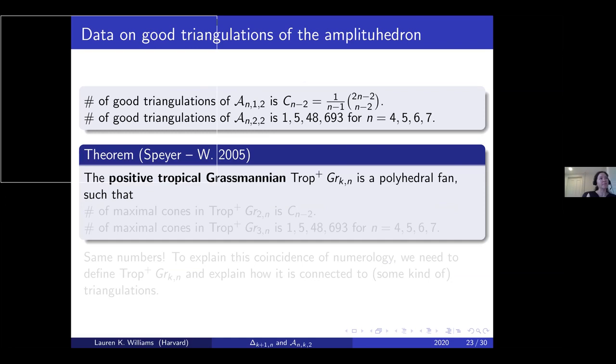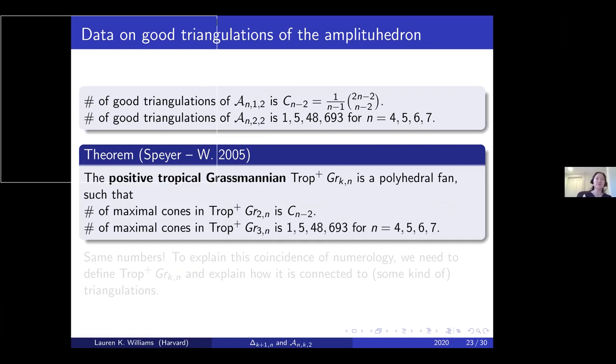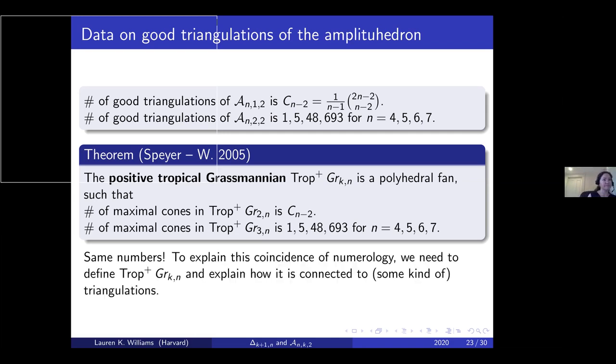That object is a polyhedral fan such that the number of maximal cones for trop gr2n is the Catalan number, and the number of maximal cones in trop gr3n is exactly the sequence 1, 5, 48, 693. So we needed to explain this link between the amplituhedron and the positive tropical Grassmannian.